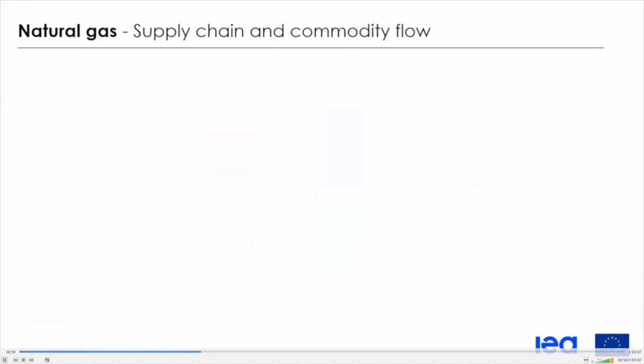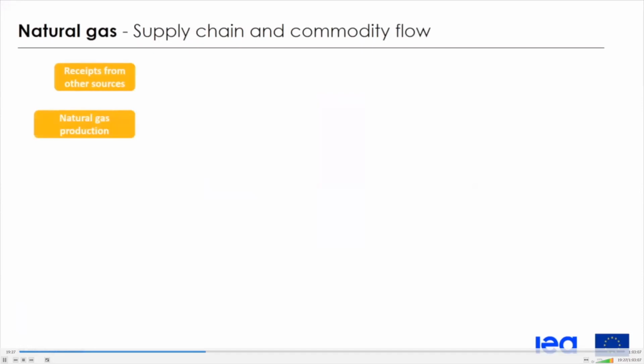So our methodology to collect the data with the IEA tries to cover all stages of the supply side. Firstly, we focus on the production of natural gas. Again, we talked about this in a few slides, but we focus on the domestic and marketable production here and receipts from other sources.